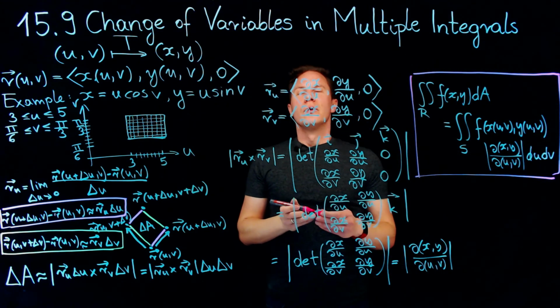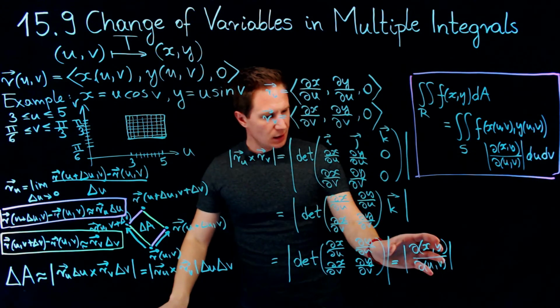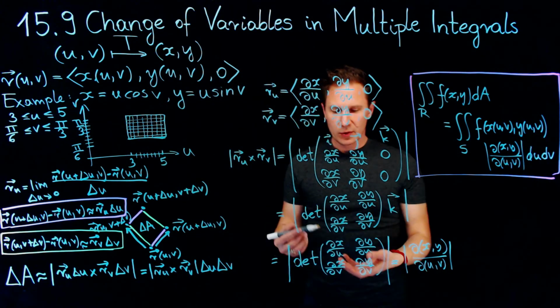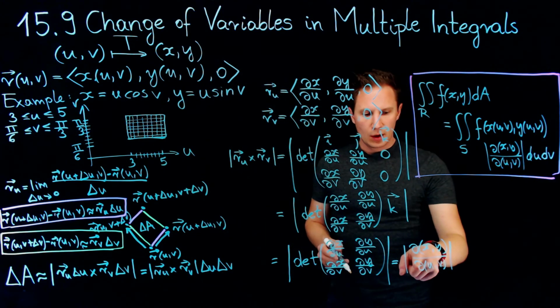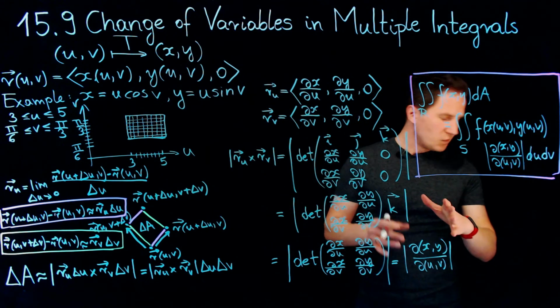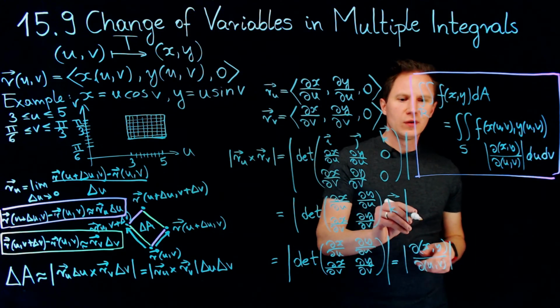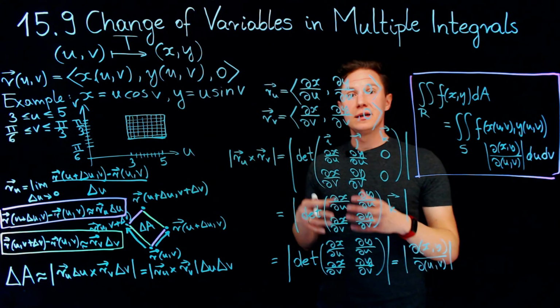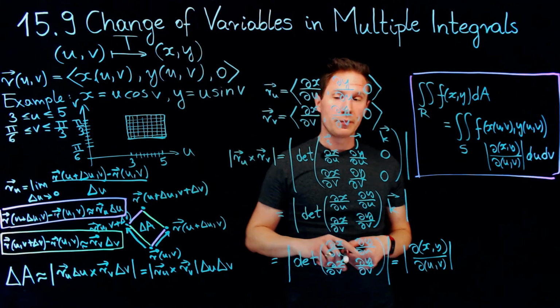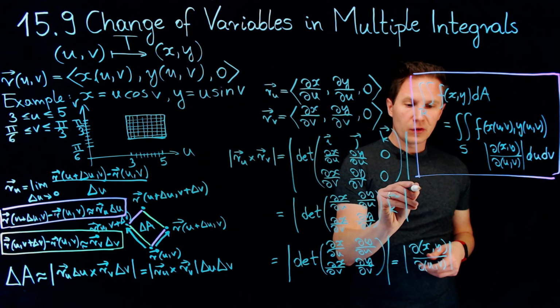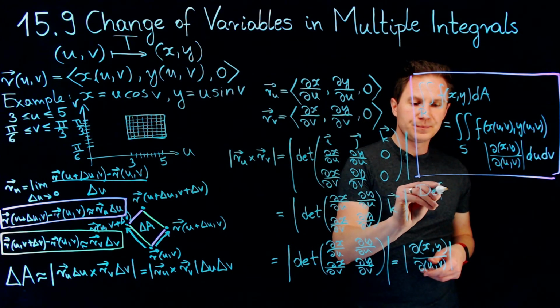Since this 2 by 2 determinant and its absolute value was very important, we give it a name. It is called the Jacobian of this transformation T. Let me give you a definition.